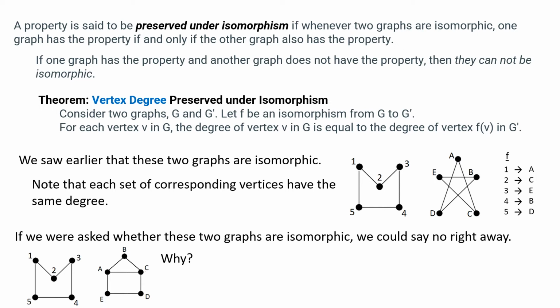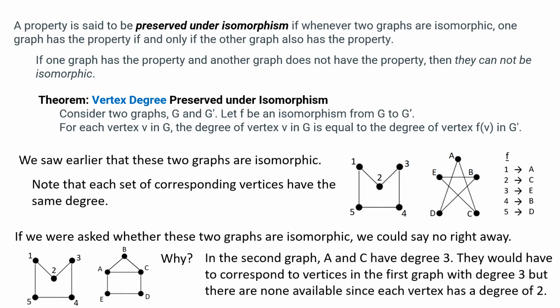We could make that correspondence, but we would see that in one case the degree is 2, in the other case the degree is 3. Because we know that vertex degree is preserved under isomorphism, there is no way we will be able to find an isomorphism for these two graphs.